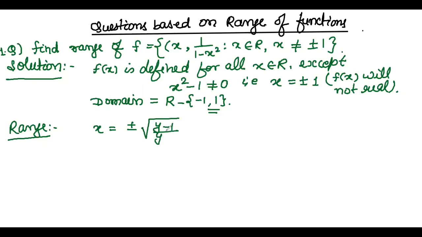We can write it as (y - 1)/(y - 0) also. Now here we should avoid (y - 1)/y less than 0. This means we can take (y - 1)/y greater than or equal to 0. It means we should take positive, then only x will be real.